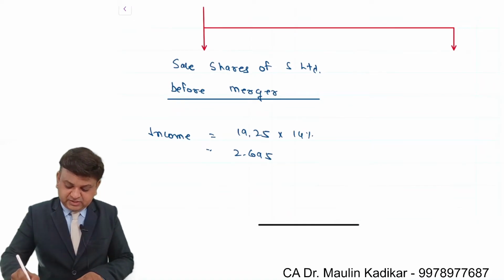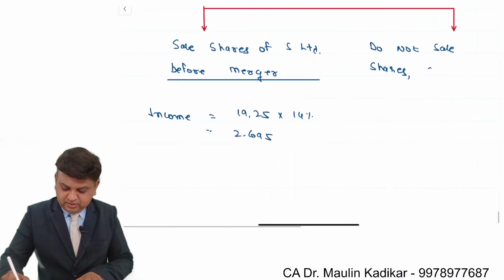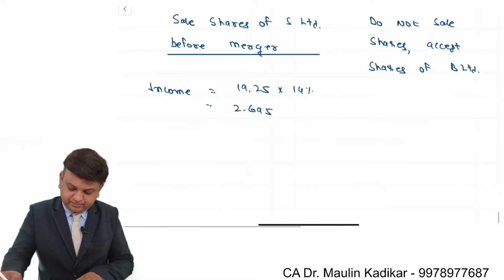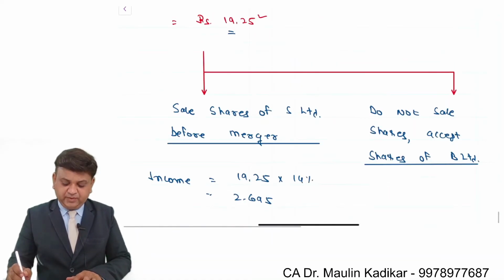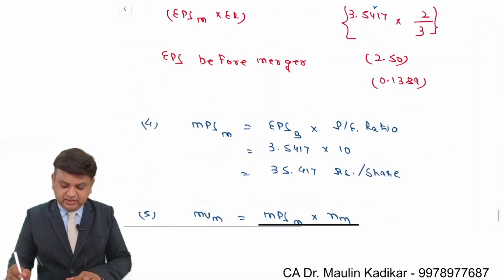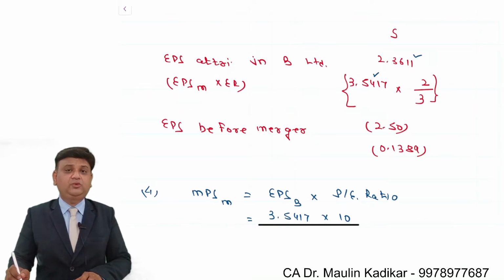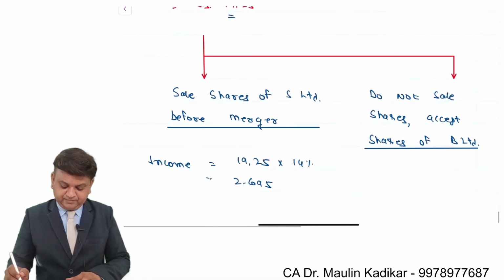Now the other option is: do not sell shares, accept shares of B Limited. Now if you do not sell the investment and you become the equity shareholder of B Limited, in that case friends, we already have calculated that EPS attributable to S Limited shareholders in the merged firm is 2.3611.